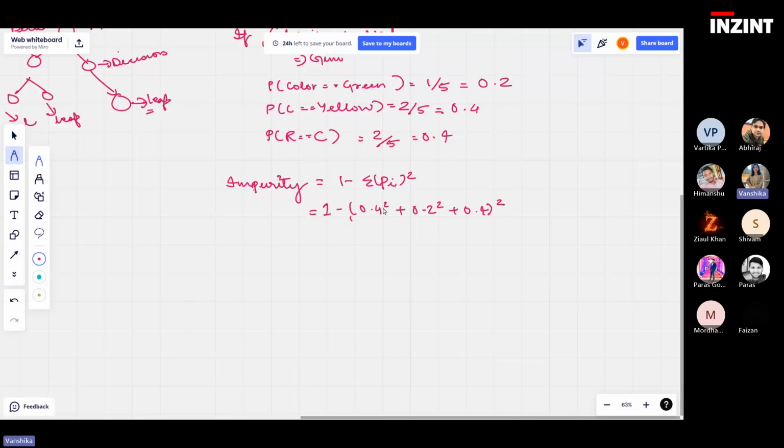Now, can you please compute it and tell me what the result would be?